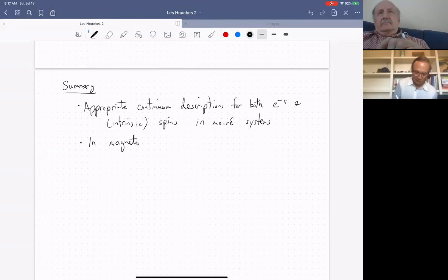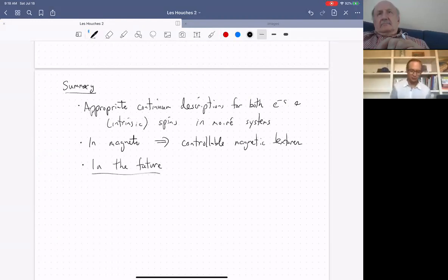In magnets, this leads to controllable magnetic textures. I think this is a very rich and largely open field. There's a lot of things to do in the future. It'll be interesting to think about other textures.